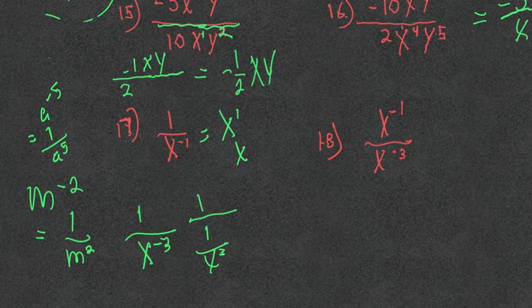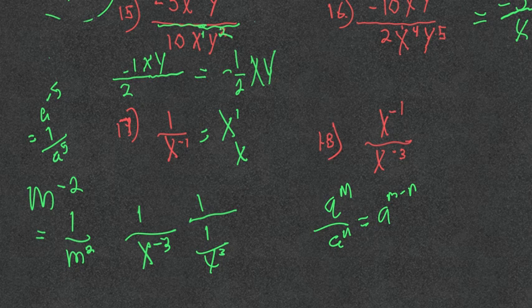For number 18, the rule you might want to remember is if you have the same base, like a, and you had some exponents, say m and n, that this is the same thing as a to the m minus n. That's the rule you remembered. Well, you did remember at one point. You subtract the exponents.